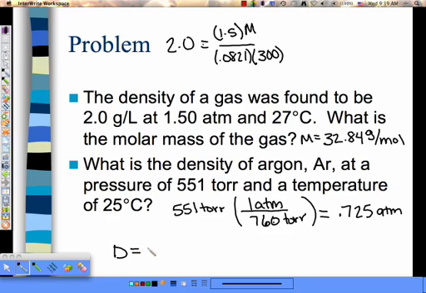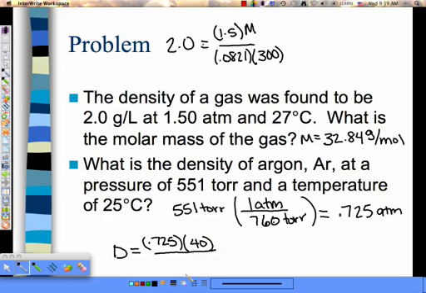Okay, so density is equal to PM over RT, right? What's the pressure? Well, we don't use 550 millimeters. 0.725. What's the molar mass? 40. Yeah, we can round to 40 on this one.